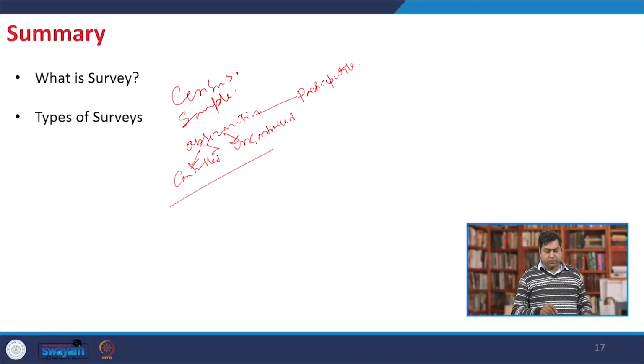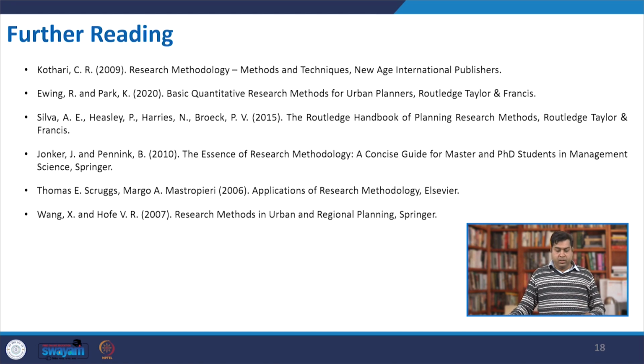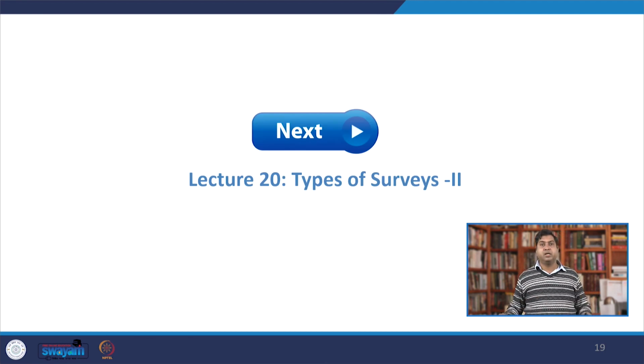There are a few other types of survey to be discussed, which are commonly used in our research in planning and architecture, in part 2 of this segment, the types of surveys part 2. These are a few further readings, and I hope things are clear to you. The other typology we will discuss in our next lecture, lecture number 20, types of survey part 2.